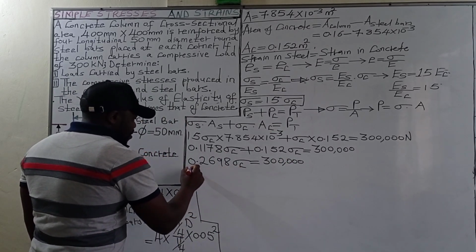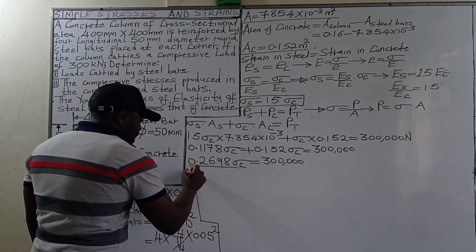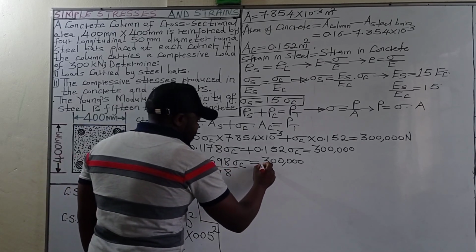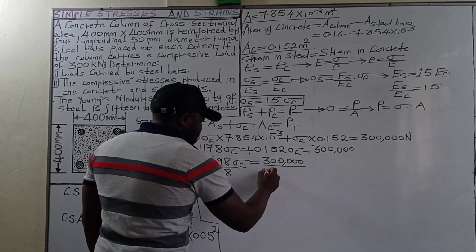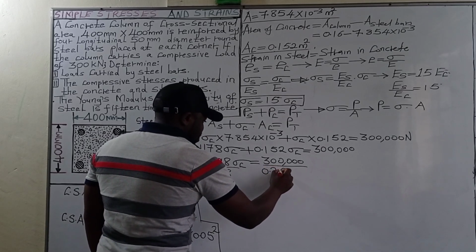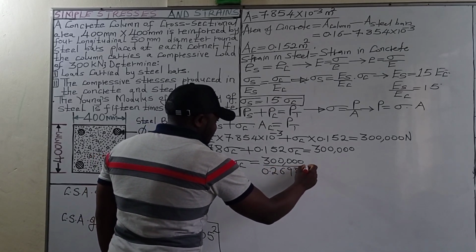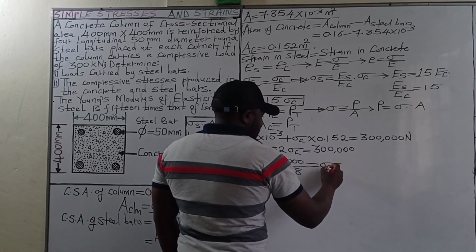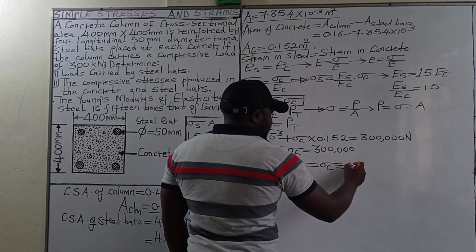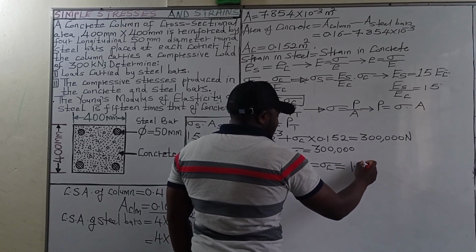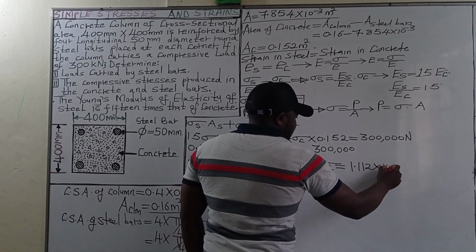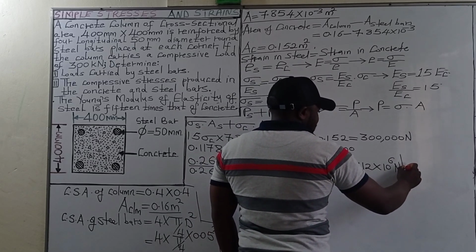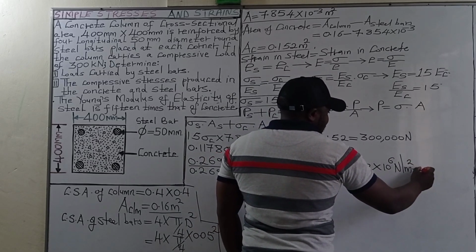So to get the stress in concrete, we divide both sides by 0.2698, and this will give us a stress in concrete of 1.112 times 10 raised to the power of 6 newtons per square meter.